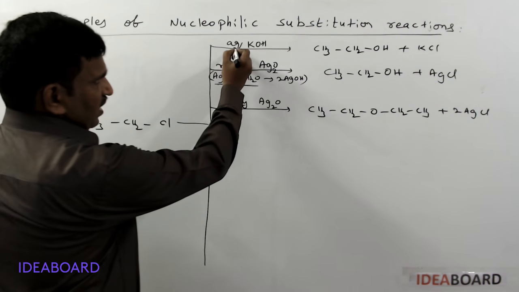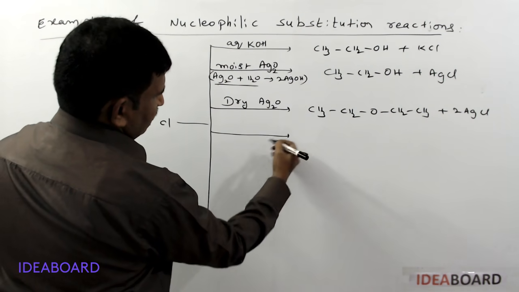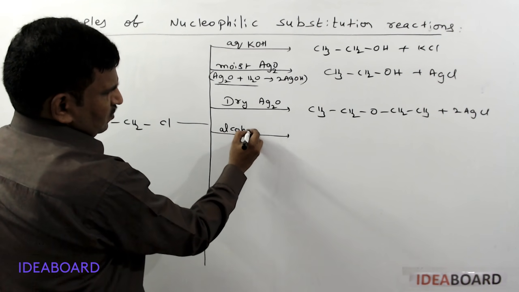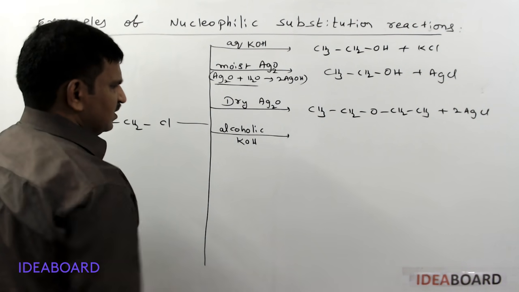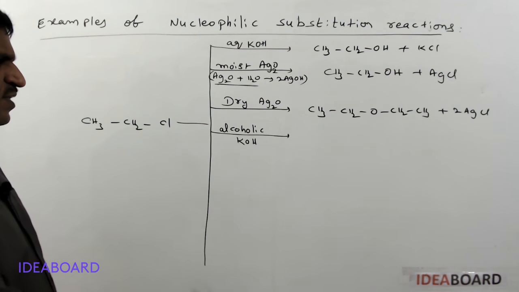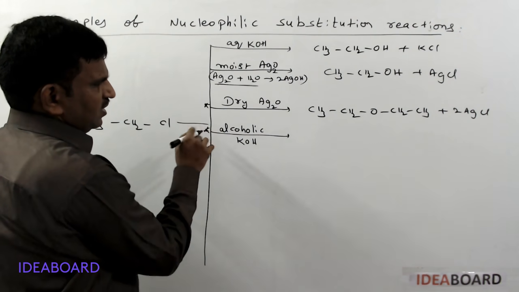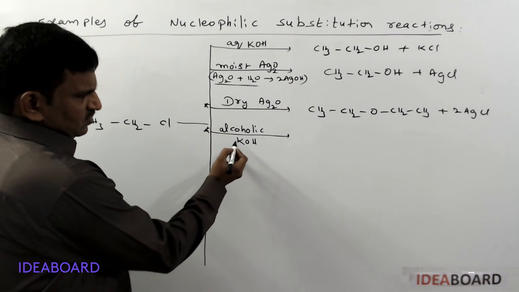Similarly, if aqueous KOH is given, you will get ethyl alcohol. If alcoholic KOH is given, they mention ethyl alcohol plus KOH. Please remember, this is not actually nucleophilic substitution, but an elimination reaction.